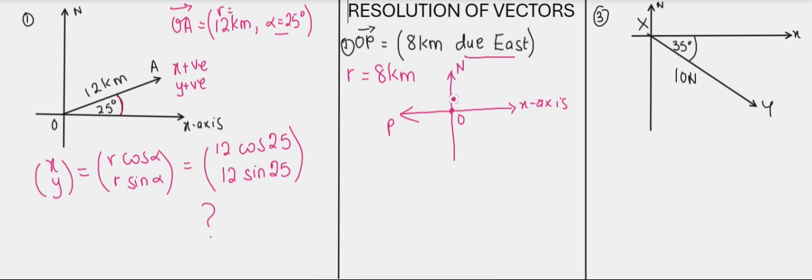Now what will be the bearing of this vector? We are going to have 90, 180, 270 degrees. So our theta is going to be 270 degrees.